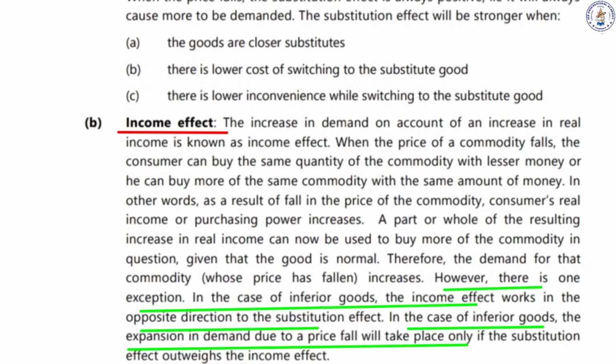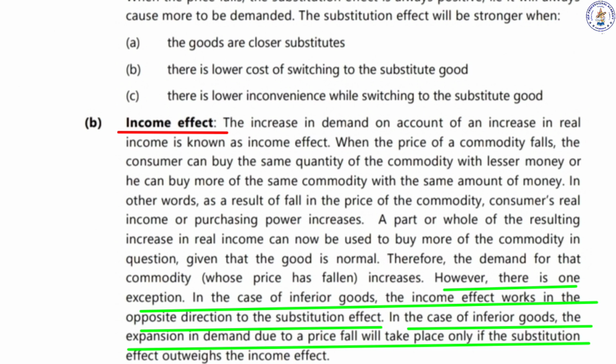Here there may be an opposite direction or exception. There is only one exception, in the case of inferior goods. Inferior goods are low priced articles, low priced goods. They may not have a big income effect. Whatever the income may be, they will buy it, as it is not causing a big effect on the income of the consumer.